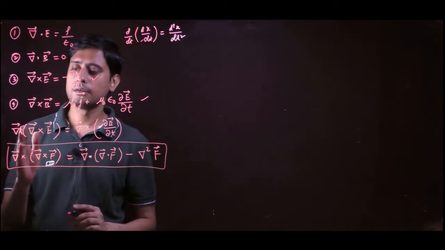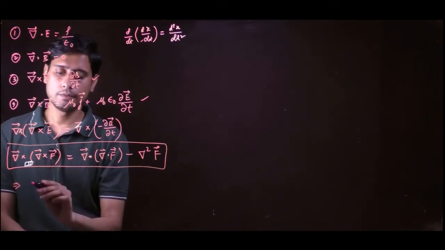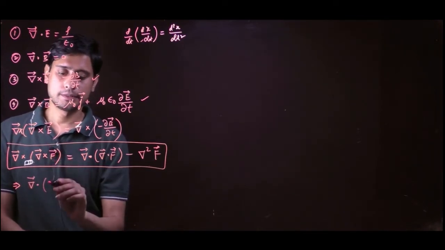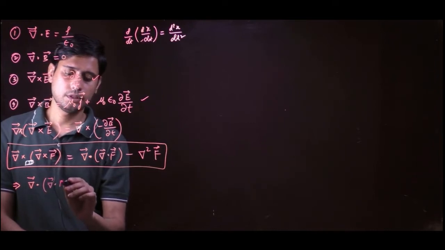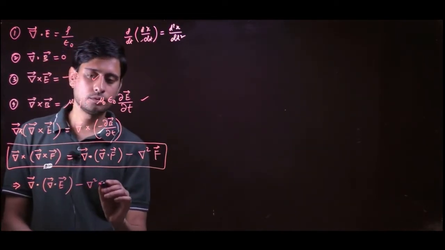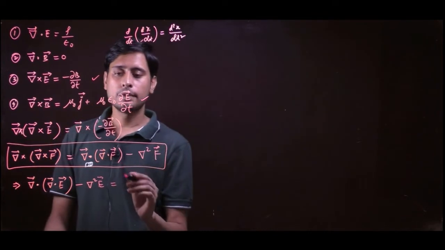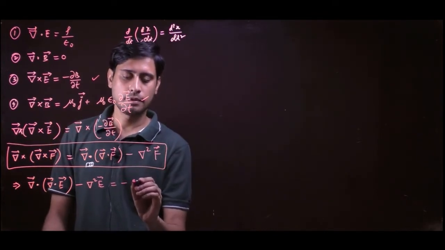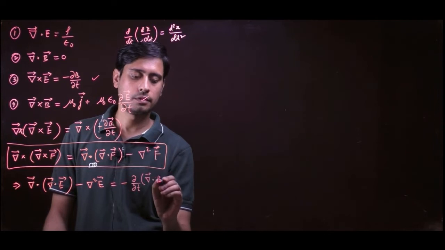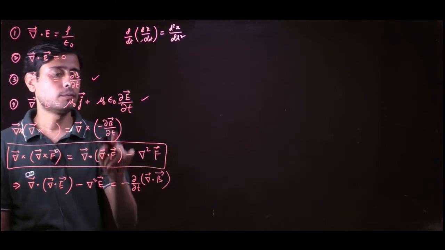So if you take the curl of the electric field, then from the identity, in the left hand side we must get del of del dot E minus del squared E, equal to, now we will swap the derivatives, minus del by del t of del cross B. So first the del over del t operation was done and then del.